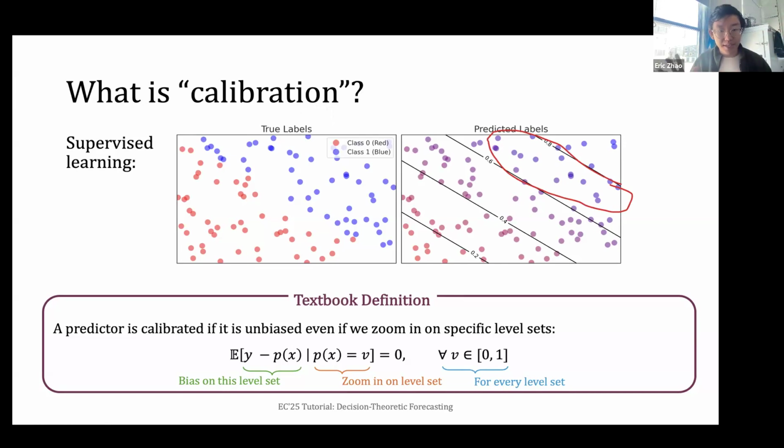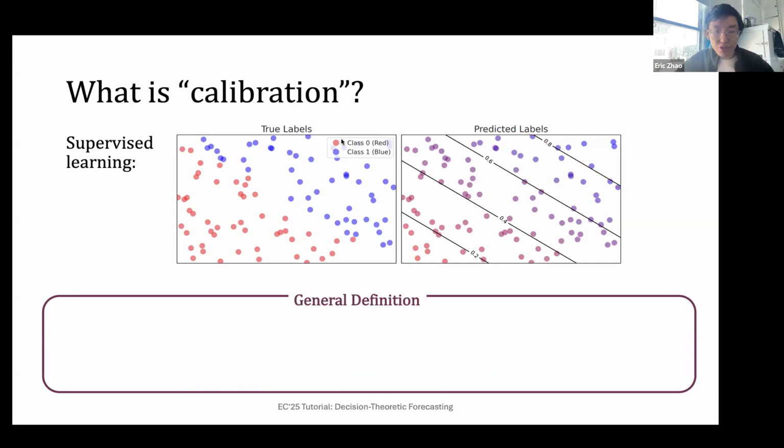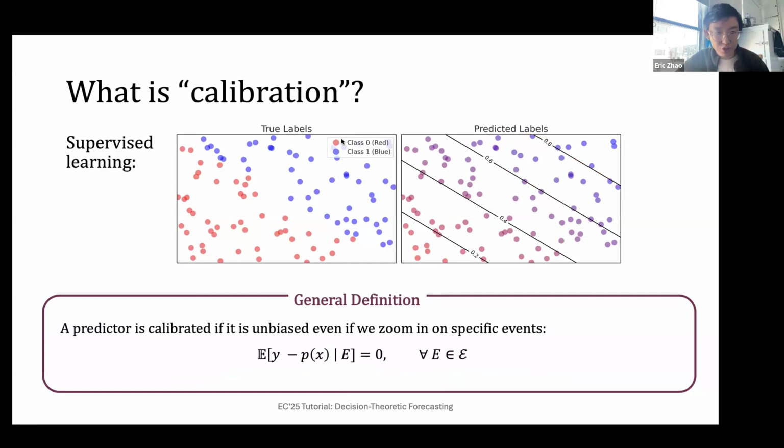So this conditional unbiasedness is how calibration is classically defined, where the events that we condition on are the level sets of our predictor. But where things have moved with calibration is that we're increasingly thinking of calibration as a more general definition, where rather than just conditioning on the level sets of my predictor, I might ask for a more general class of events.